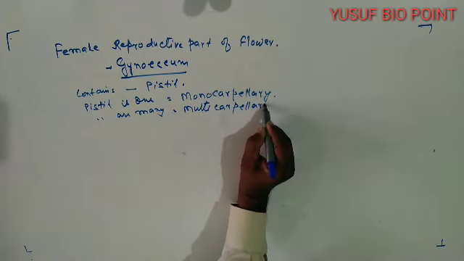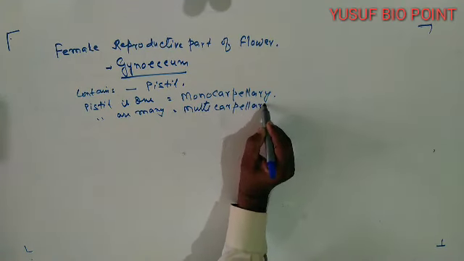This is a style. And this is ovary. Inside the ovary, there is another structure that is known as ovule. Inside the ovary there is ovule. It is also called megasporangium.